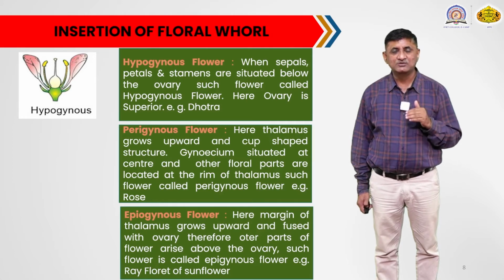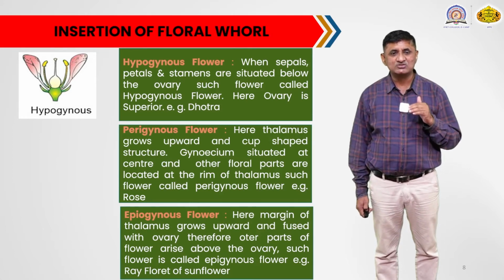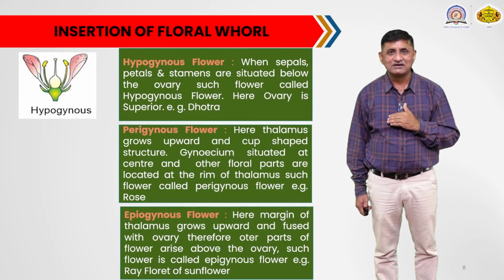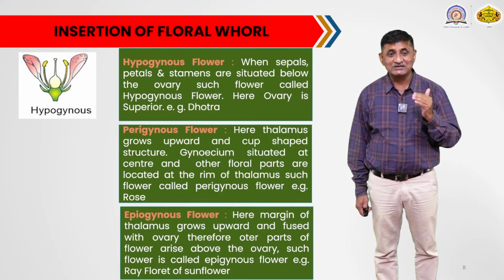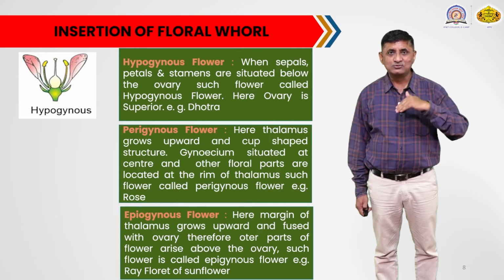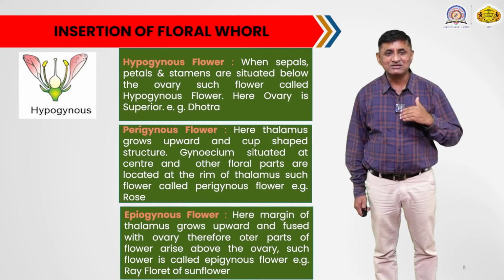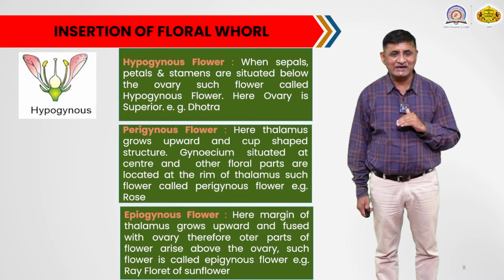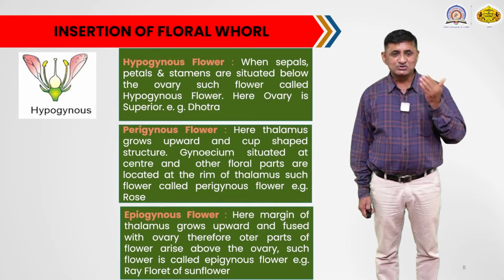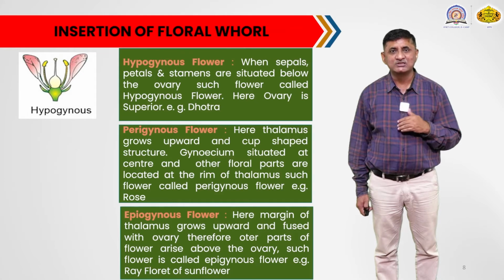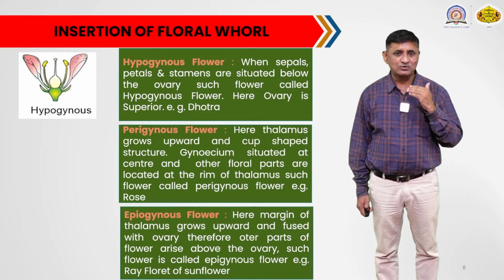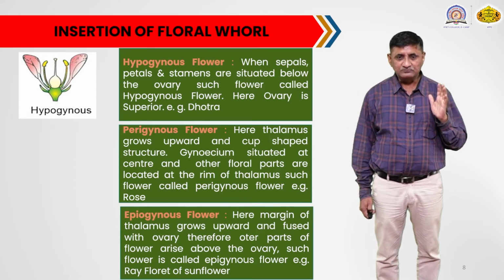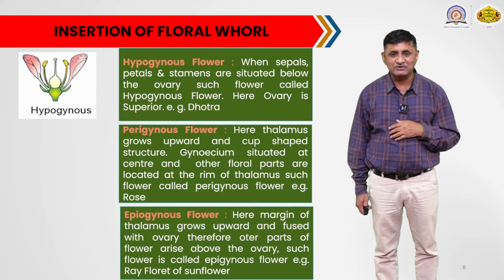Here you can see the position of the gynoecium is superior, means all other parts on the thalamus are at a lower level than the gynoecium, means they are inferior in arrangement and the gynoecium is superior in arrangement. So this is the first kind of flower on the basis of insertion of floral whorls, and that is called a hypogynous flower. So what is meant by a hypogynous flower?